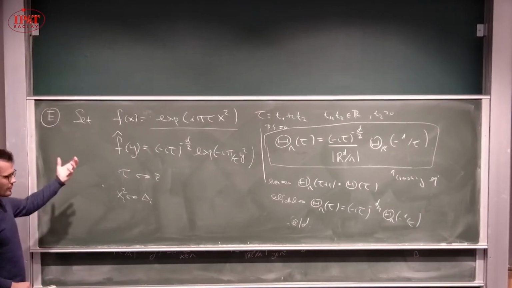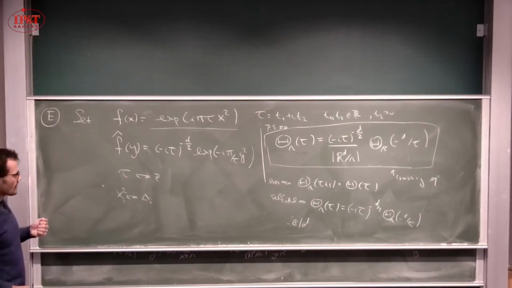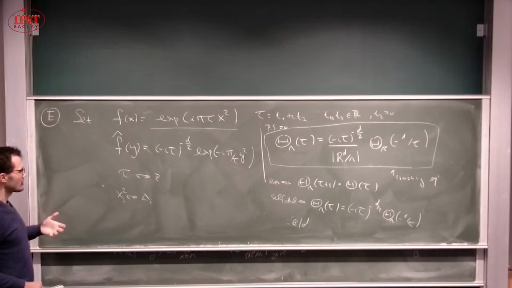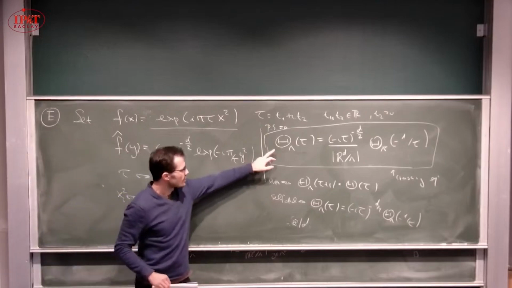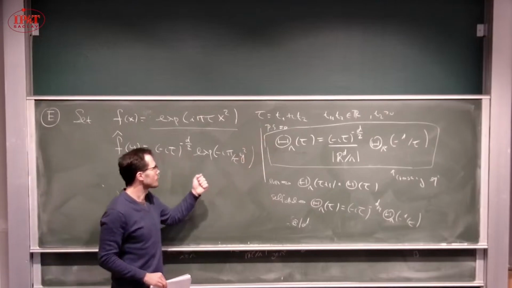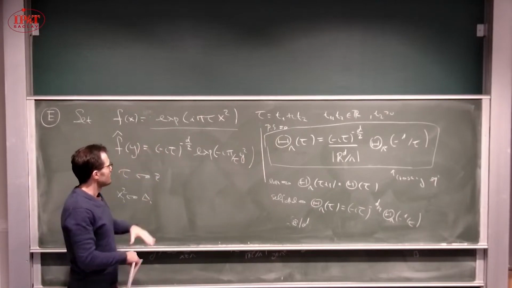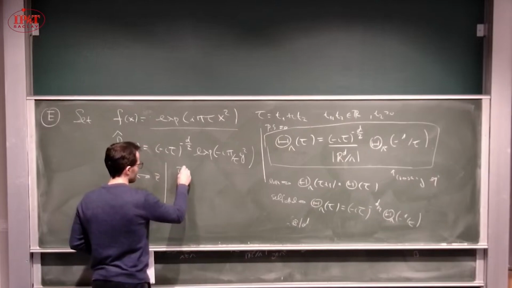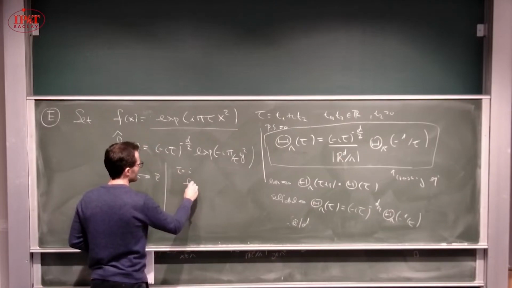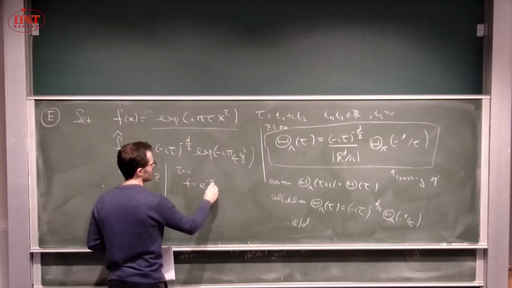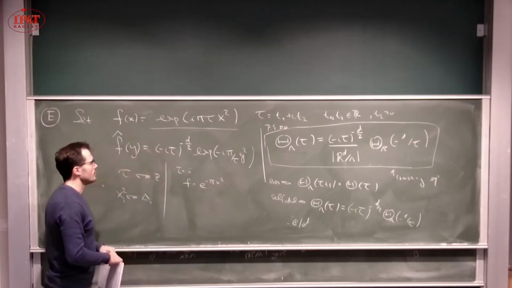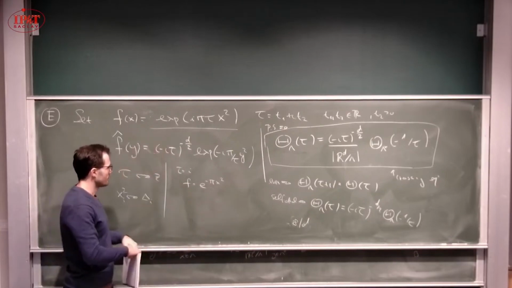In a Poisson summation formula, you have some general Schwartz function, and the claim is that you can approximate any Schwartz function arbitrarily well by applying functionals to this equation, functionals in tau, right? So for example, you can set tau equal to i, and your function would be e to the minus pi x squared. You can take a derivative.